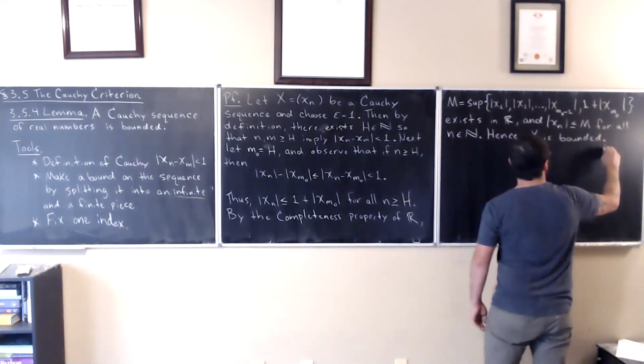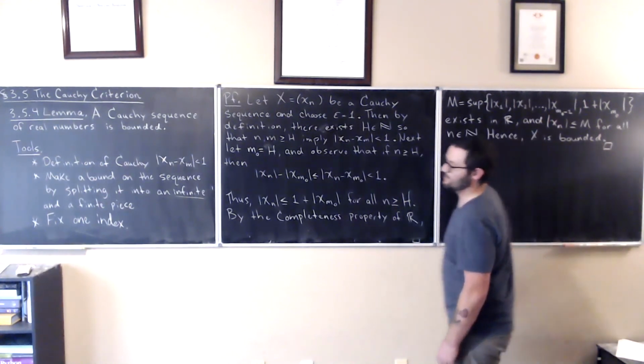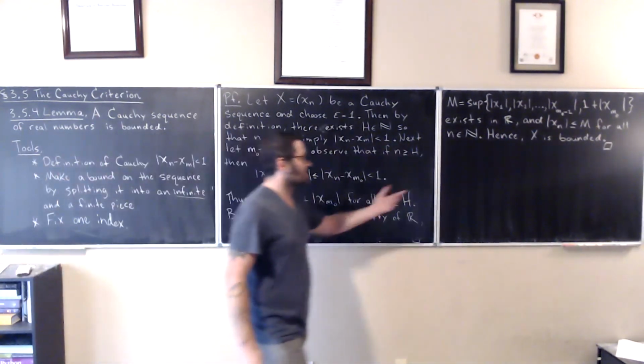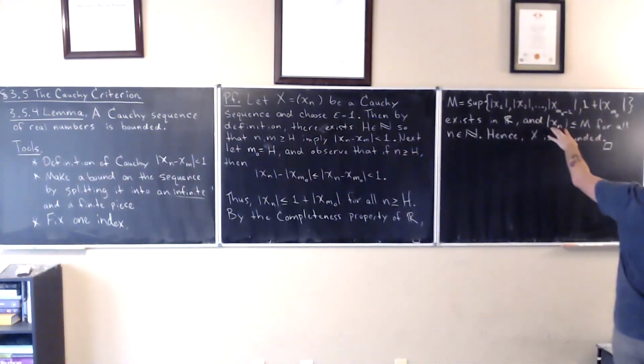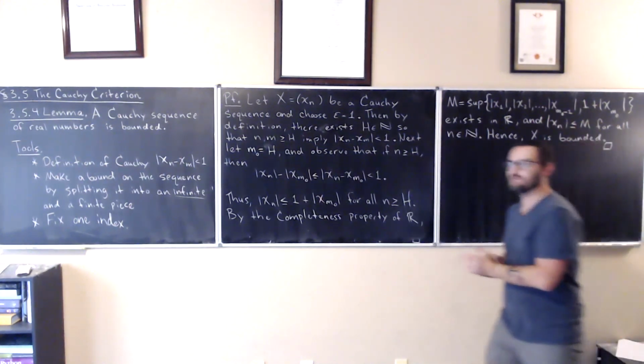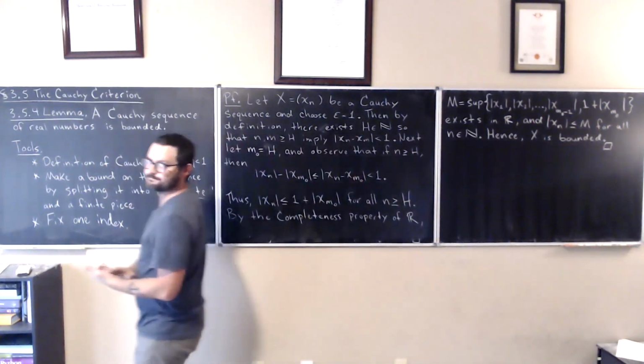Let's end the proof, but I probably should have written over here in my tools that I needed the definition of being bounded. But that is the definition of being bounded: the absolute value of each term is at most some fixed real number M for all indices n.